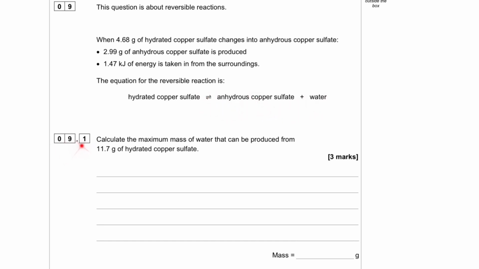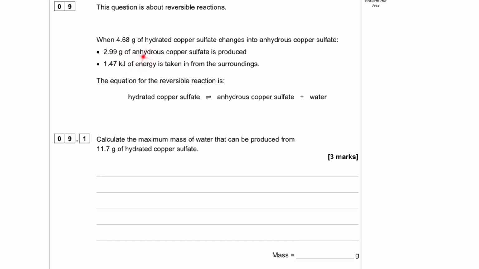Question 9.1. Calculate the maximum mass of water that can be produced from 11.7 grams of hydrated copper sulfate. This is a ratio question. So we know that the mass of the hydrated copper sulfate is 4.68 grams and the anhydrous is 2.99 grams.